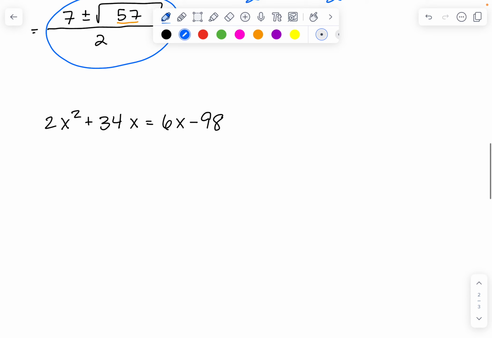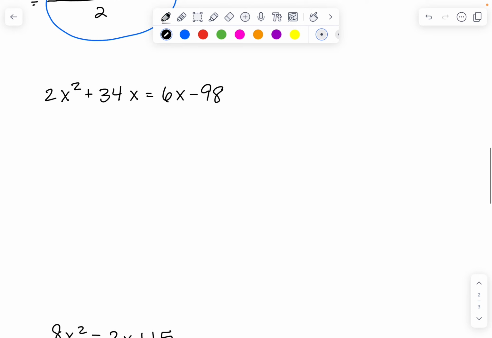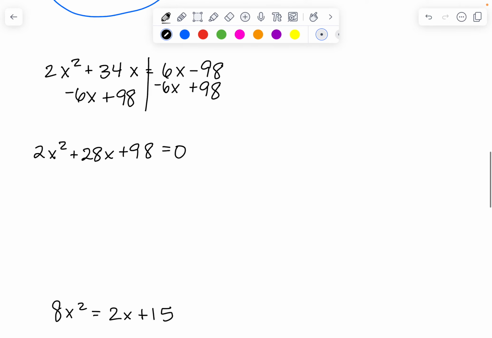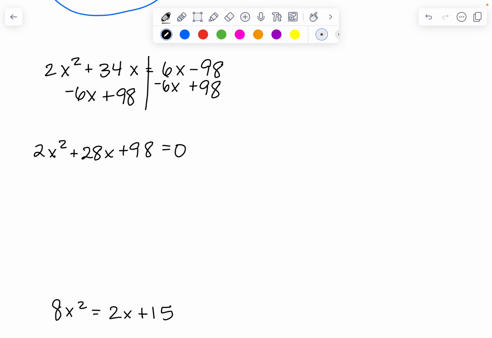All right. We started this one yesterday. You're going to move over the 6x and the 98. And what happens is you get 2x squared plus 28x plus 98 equals 0. Now, on that piece of paper that I wrote out for you this morning, I did not want to factor, and I don't want to factor.